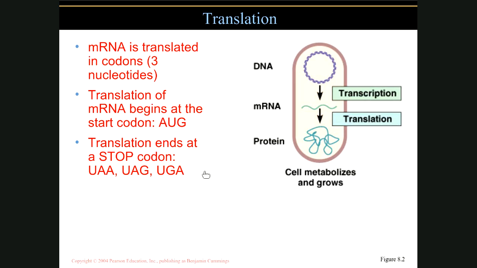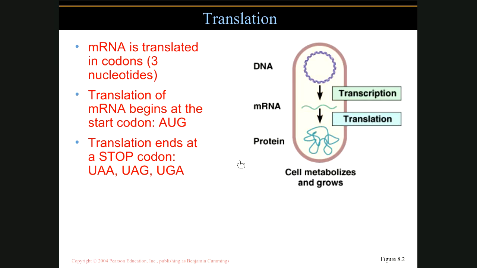So when it comes to translation, we're not going to go into all the same detail you learned in Biology 150. We're just going to review some basics. But what students always remember from 150 is that the packets of information are encoded by the triplet codons, or just codons for short. So groups of 3 nucleotides.